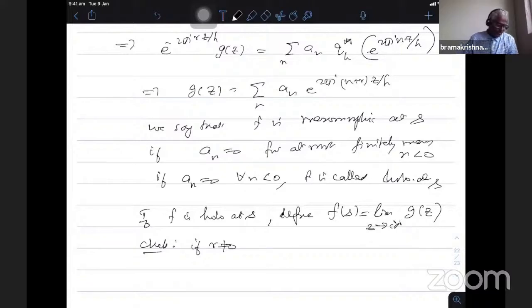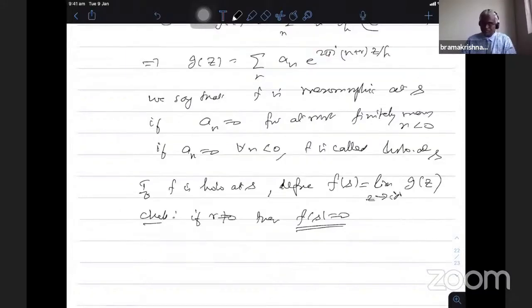If r is not equal to 0, then f of s is equal to 0 because of the exponential factor e power 2 pi i r z by h, as z tends to i infinity. Since r is non-zero, it will tend to 0. Therefore the value of f at the cusp s becomes 0.